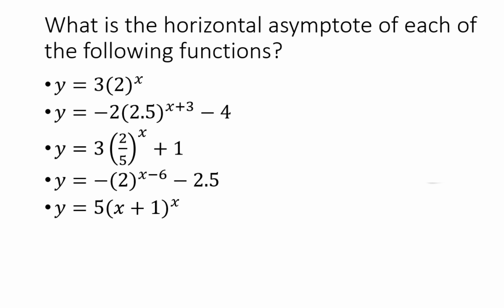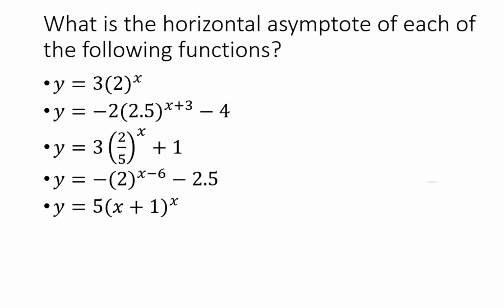For the next question, we're told to find the horizontal asymptote of each of the following functions. So for the first one, we're going to indicate that the horizontal asymptote, HA, is y equals 0. There's no k value, so that's why it's y equals 0. For the next question, we have HA is y equals -4. Keep in mind that HA is the shorthand notation for horizontal asymptote.